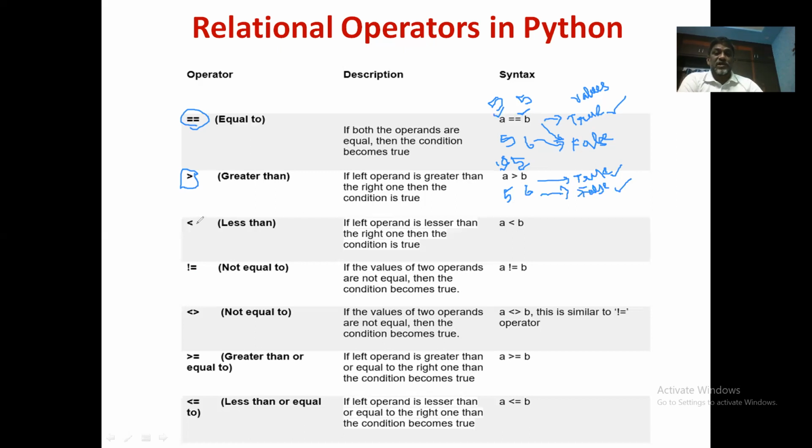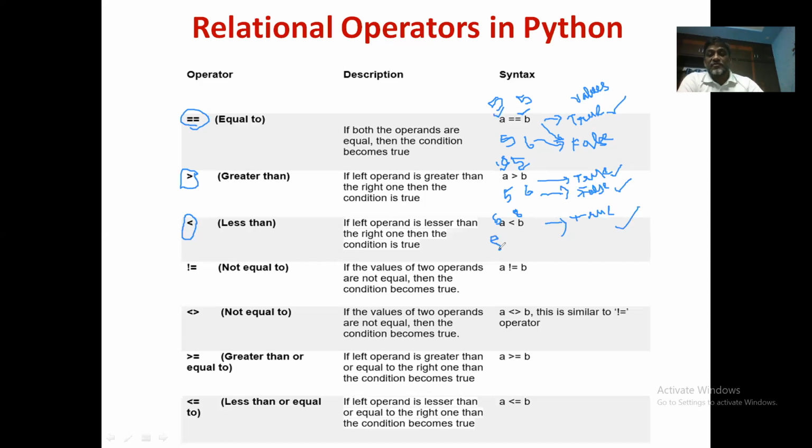Similarly, this symbol less than asks a question, is A less than B? For given values of A and B, for example, if A is 5 and B is 8, then it returns true, right? If A is less than B, it returns true.